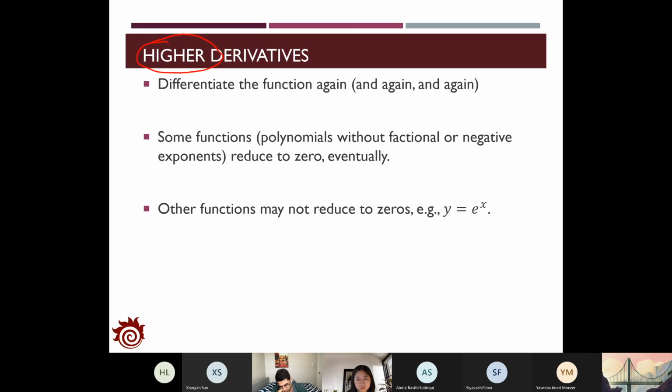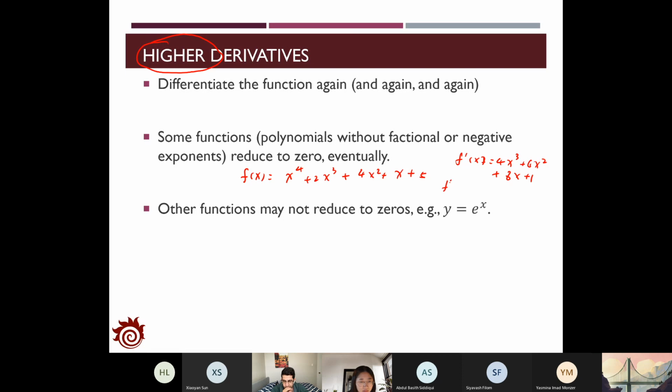So say that f(x) equals x to the power of 4 plus 2x cubed plus 4x squared plus x plus 5, and the first order derivative will give you 4x cubed plus 6x squared plus 8x plus 1.